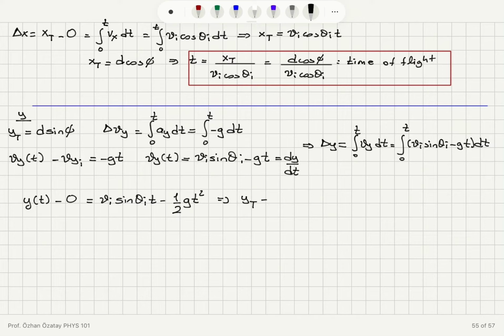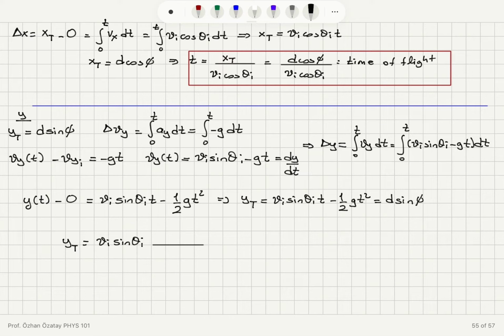So the final position yt is vi sine theta initial t minus 1/2 g t squared, which must be equal to d sine phi. So this yt is vi sine theta initial times t, which I have found to be d cosine phi over vi cosine theta initial.